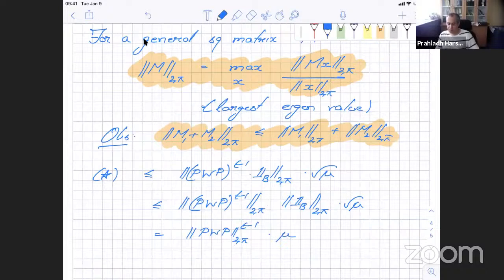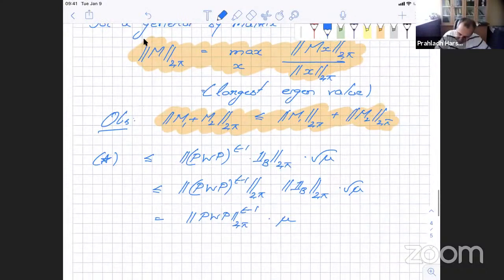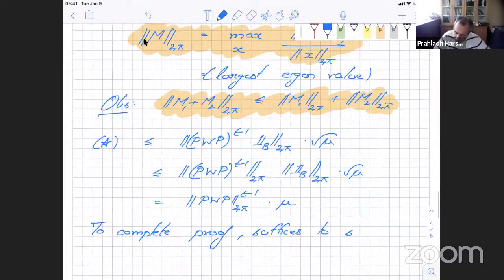Okay. So to complete the proof, it suffices to show that the 2 pi norm of PWP is less than or equal to mu plus omega times 1 minus mu.